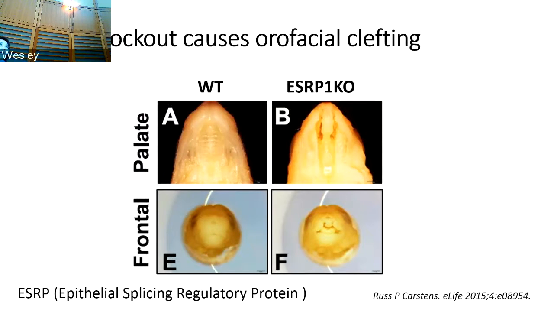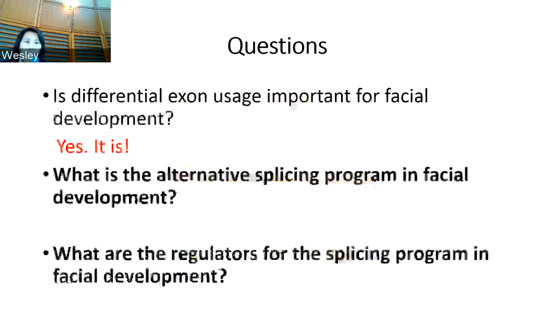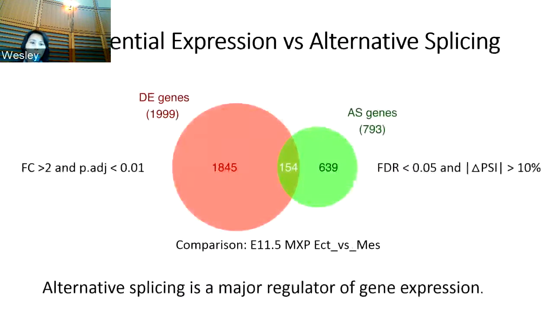Interestingly, the knockout has full penetrance of orofacial clefting, which means alternative splicing is really important for facial development. So then the question is, what is this alternative splicing program in facial development? I will tell you about this in the first part of my talk, and then what are the regulators for the splicing program, I will tell you about in the second part of my talk.